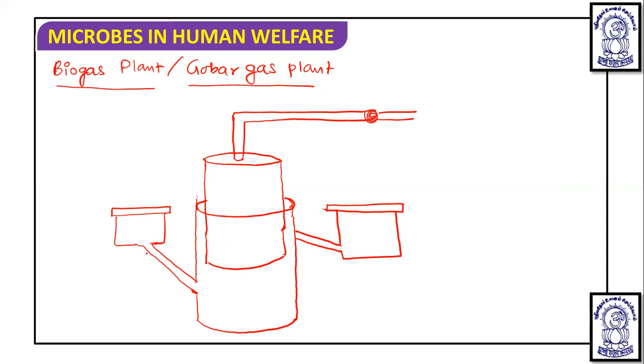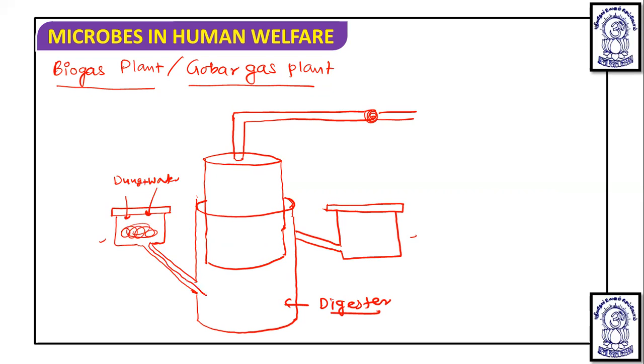These are the charged pits, and this is the digester. Here in the charged pit, dung and water are added, and this dung and water form a slurry.